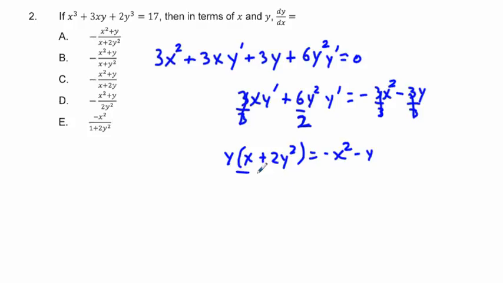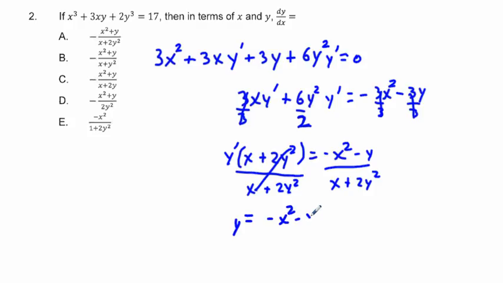And then if we divide by quantity x plus 2y squared, we have cancellation here on the left, and so y prime is equal to negative x squared minus y over quantity x plus 2y squared.